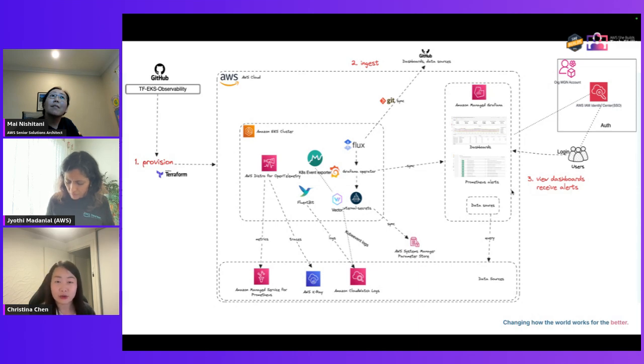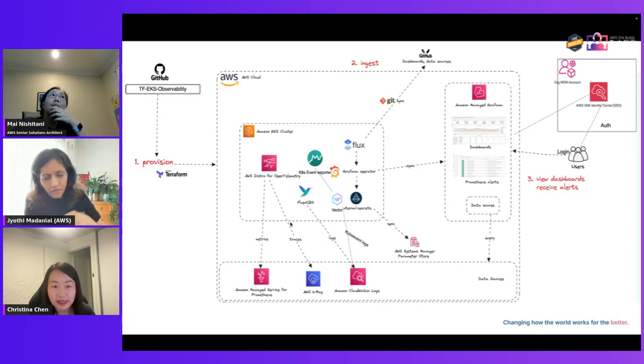Now let's go back to who is actually doing the job. We have an Amazon EKS cluster here. In this cluster, we have the AWS Distro for OpenTelemetry, also called the ADOT collector. It's a customer-managed collector. We configure this collector to collect the metrics and traces and send them to AMP and AWS X-Ray respectively.